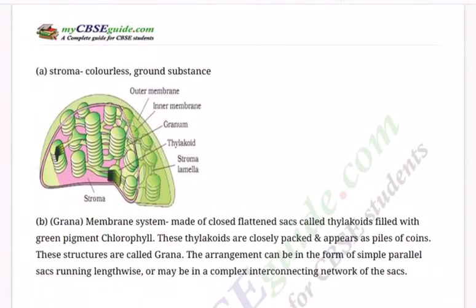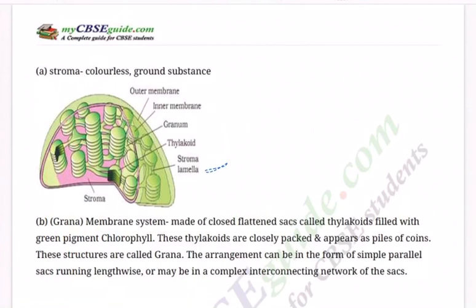Like that, in the inner space of stroma, you've got stacks of thylakoids. That stack of thylakoids is called a granum, and many grana will be there. Something like 16 to 20 grana will be there, and all this is protected by two layers. One is the outer membrane and another is the inner membrane.